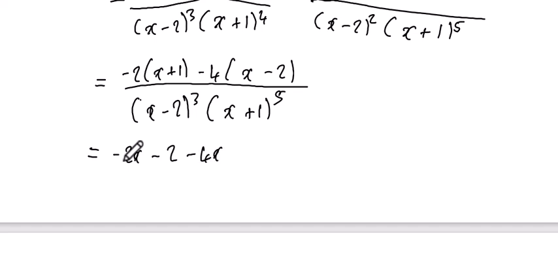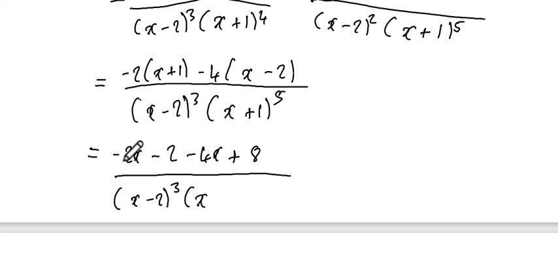This plus this is going to be positive 8, since negative times negative is positive. All over x minus 2 to the power 3, x plus 1 to the power 5.